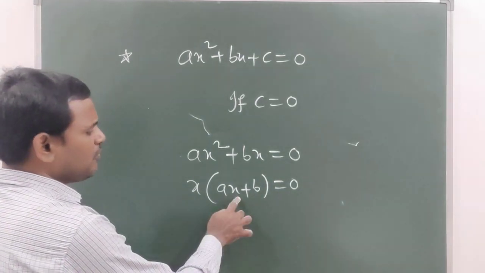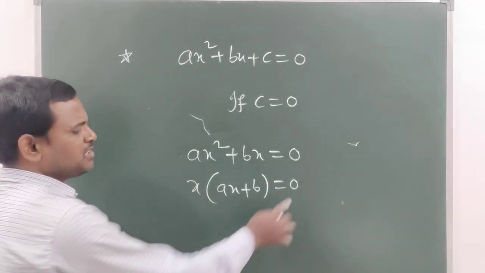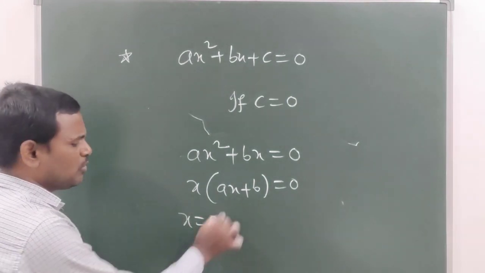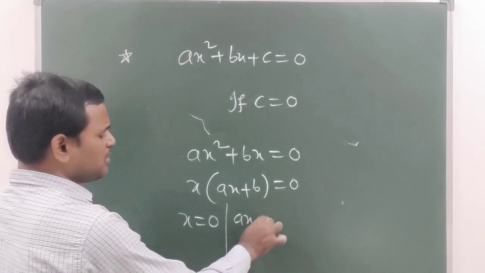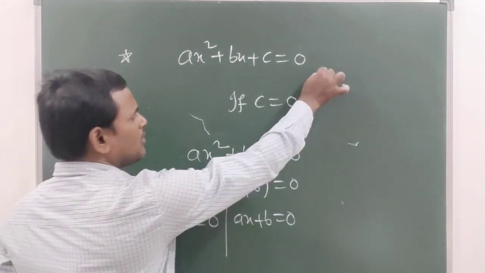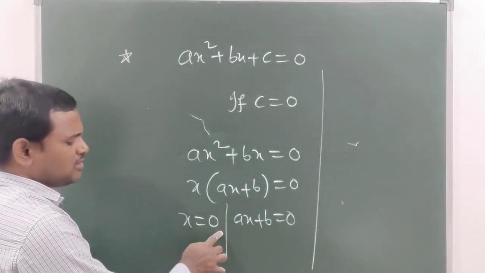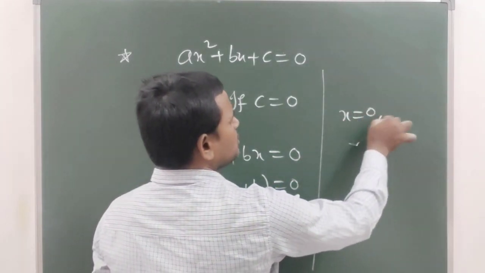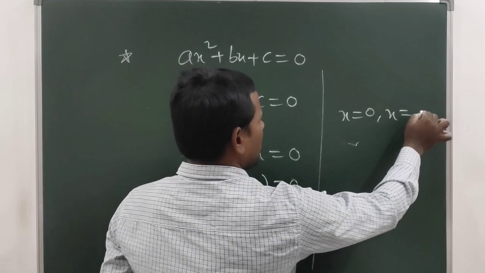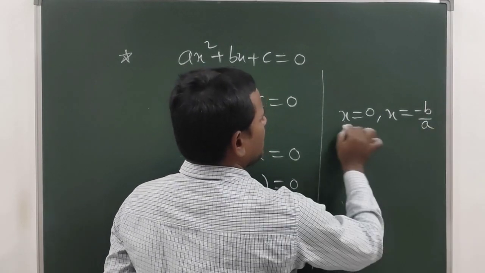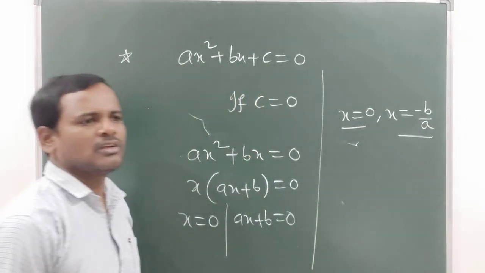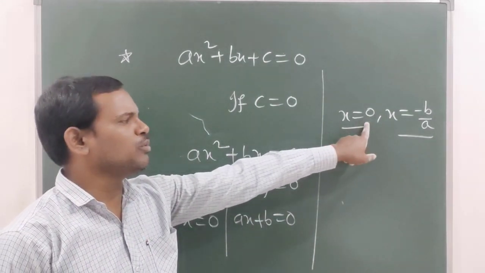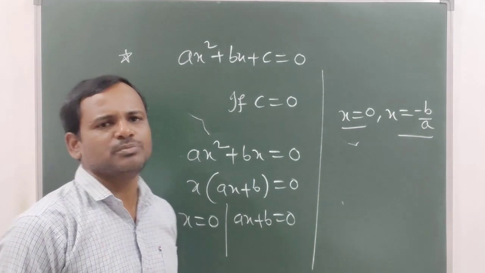Now the product of two linear expressions is equal to 0, so you can equate x equal to 0 and ax plus b equal to 0. When you simplify, x equal to 0 and x equal to minus b by a. Whenever this constant is 0, one of the roots is 0 and the other root is minus b by a.